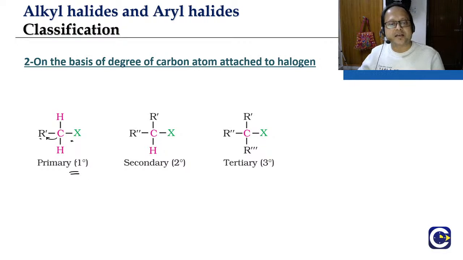So it is a primary carbon atom, and hence this halogen belongs to the primary halide category. Similarly, if this carbon is attached to two carbons, then it is secondary, and if three, it is tertiary. So primary halide, secondary halide, and tertiary halide.